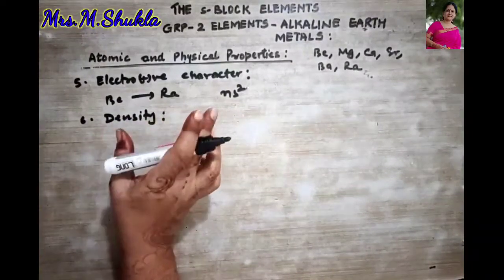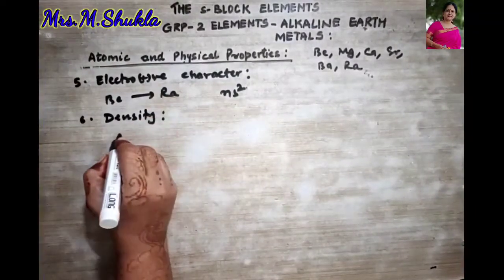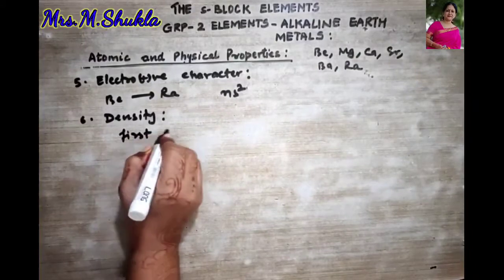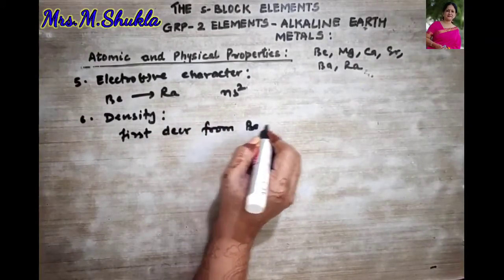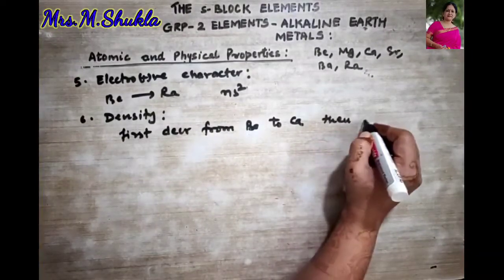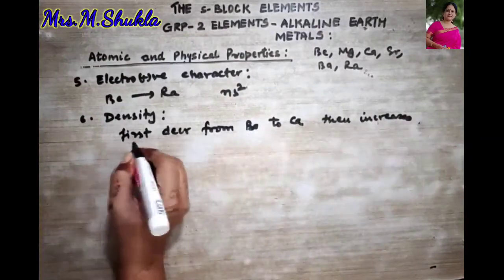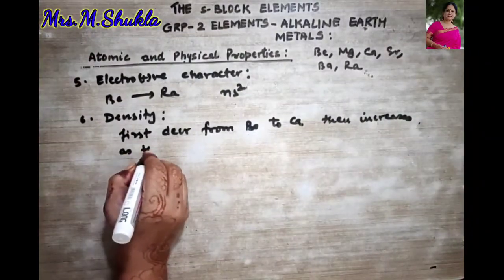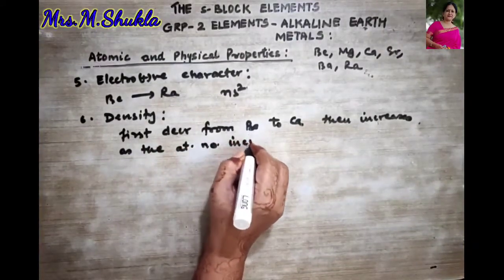Next, we talk about the density of the alkaline earth metals. The density of these metals first decreases from beryllium to calcium, and then increases as the atomic number increases.